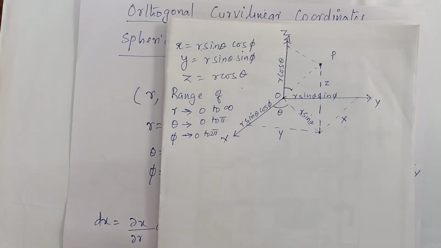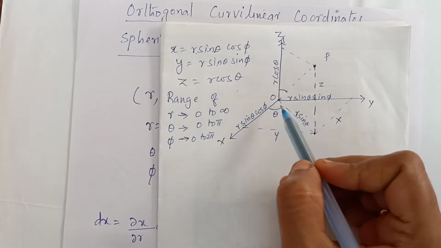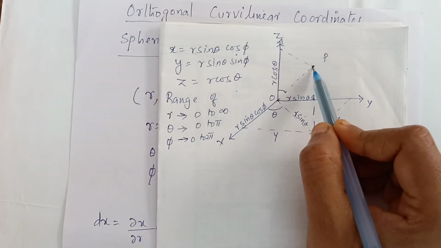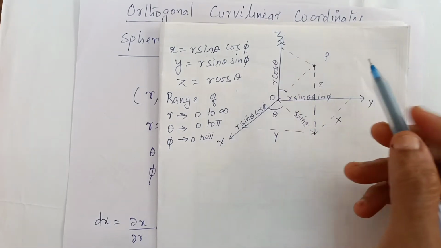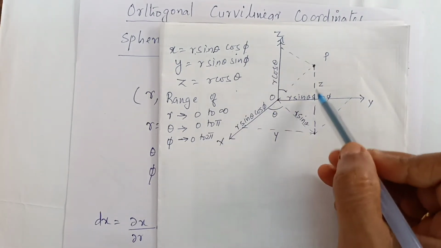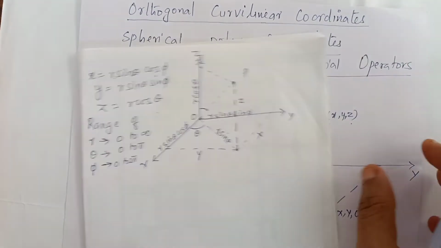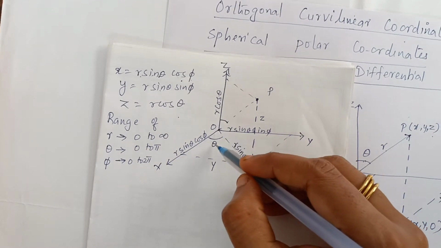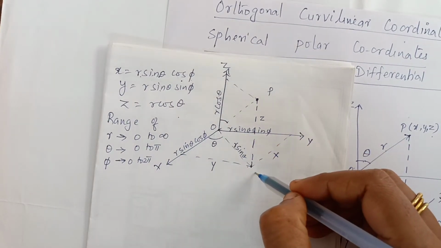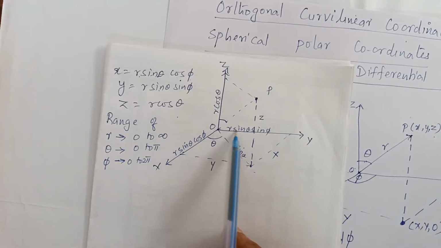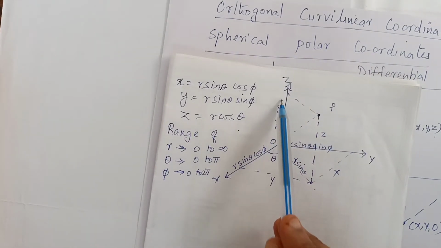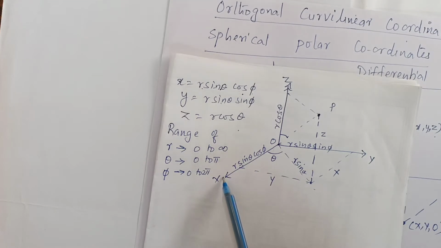Now if this is O, as we told, and we consider a point P at a distance r, and we have drawn the planes parallel as before, then if this is theta, this will be r sin theta. Then y will be r sin theta sin phi. z, as we already told, is r cos theta, and x will be r sin theta cos phi.